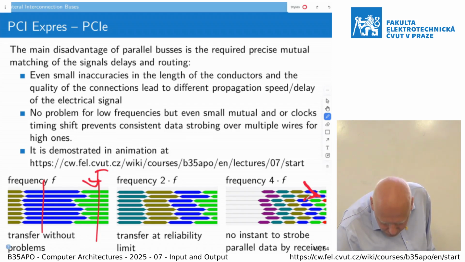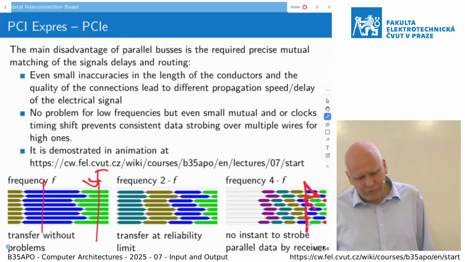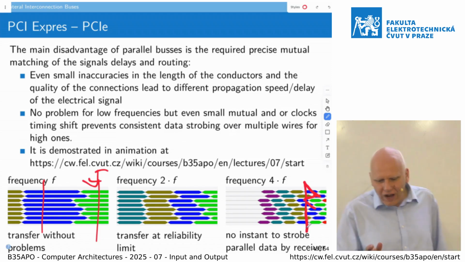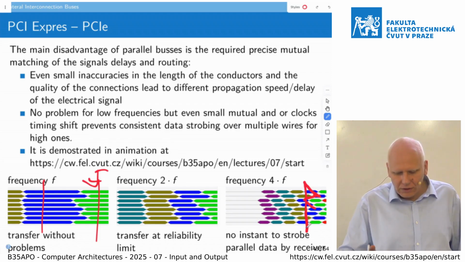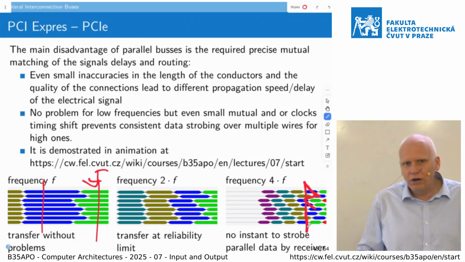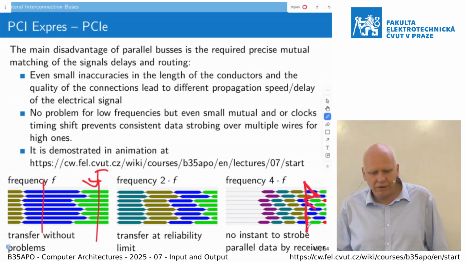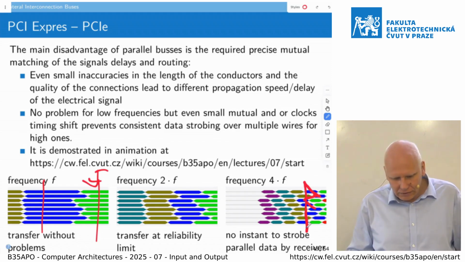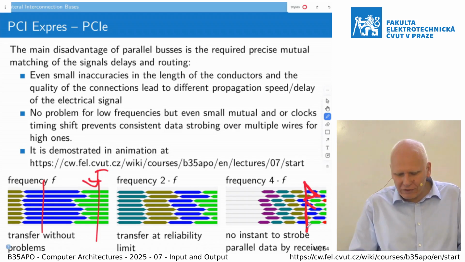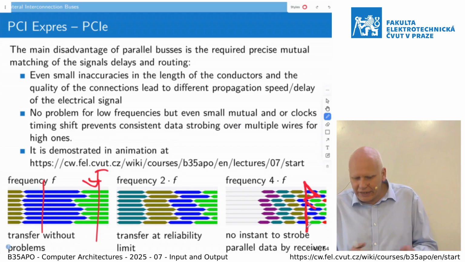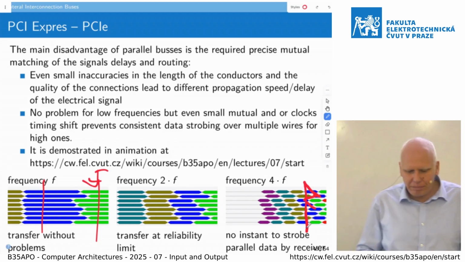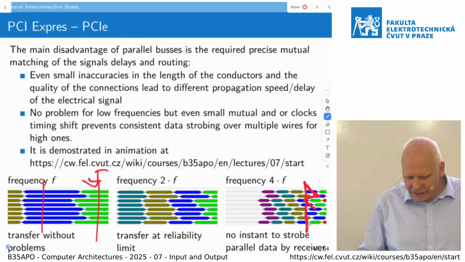From some moment, it is impossible to find the instant of time when the bits of the given data word are on all the wires. So basically you cannot have very fast parallel links, and it is a big problem. If you have multiple connections to multiple sockets and so on, it is an even bigger problem, as each board would have different timing.